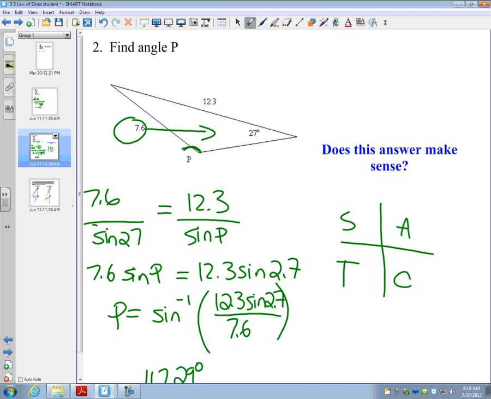And that's where all angles in triangles are, because all angles in triangles are between 0 and 180 degrees. So we have to be careful because the sine of 47.29 is the same as the sine of 132.71, or in other words, the sine of its supplementary angle.